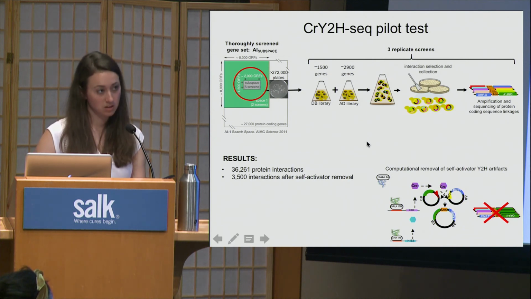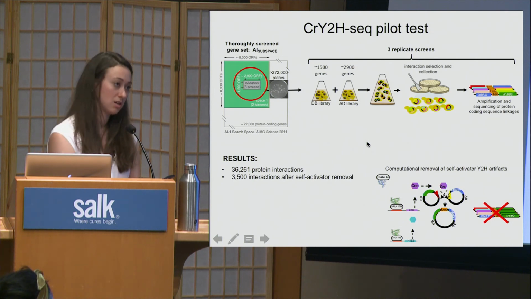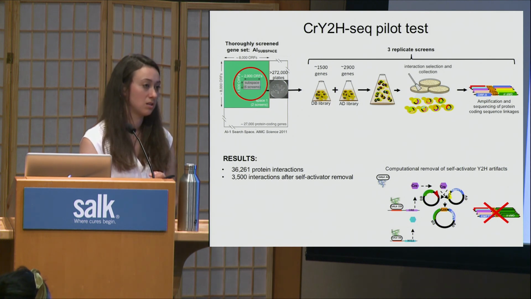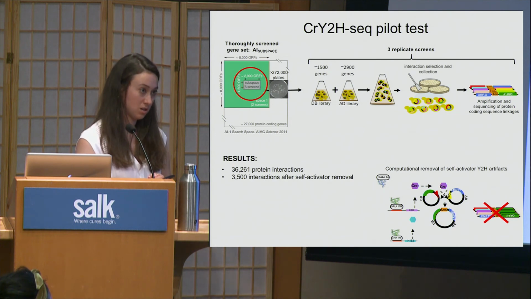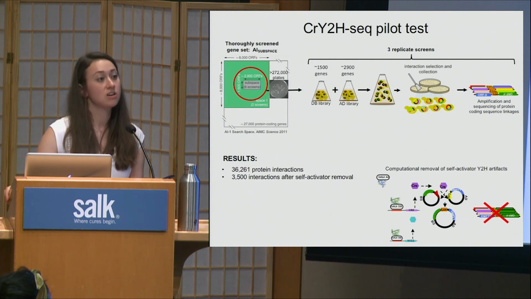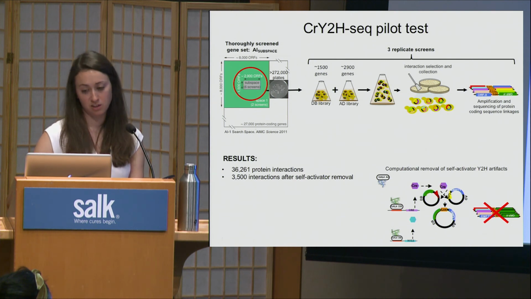So what I'm getting at is it would be interesting, given what the input was in DB versus AD, how many binary interactions could you have observed in both directions, and what's the saturation? Have you saturated your space, or if you waited longer and did more, would you build an even bigger network?